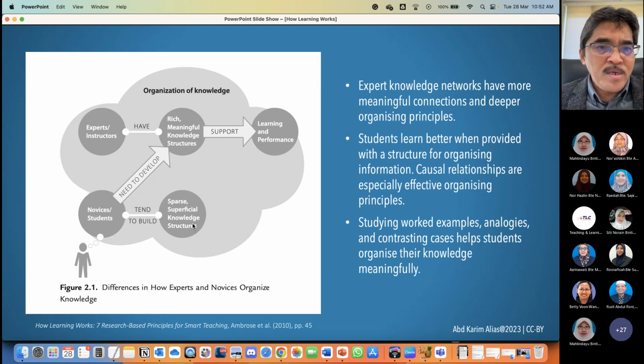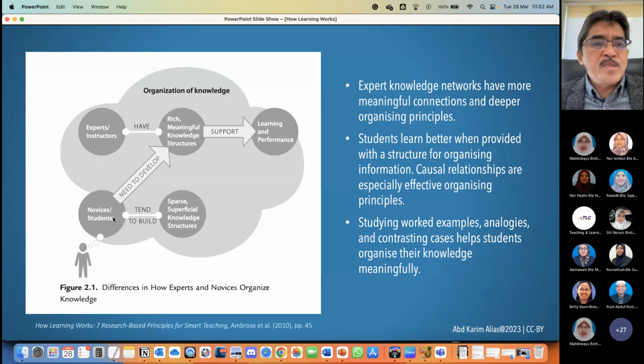So now, when they want to learn something new related to the topic, our role is to design the lesson in such a way that they are able to expand the knowledge and then connect it together. And not only connect it together, make the connection strong.